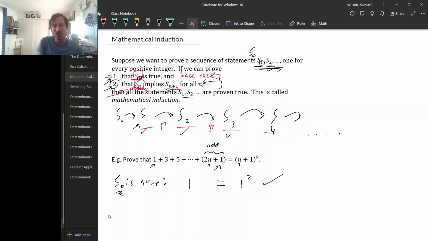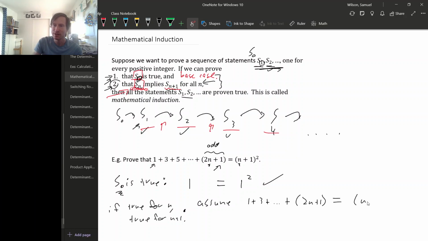Okay, so next we're going to show that if this statement is true for n, it's true for n plus 1. Assuming that it's true for n, that means that we are going to assume that 1 plus 3 plus, and so on, all the way up to 2n plus 1, really is equal to n plus 1 squared.